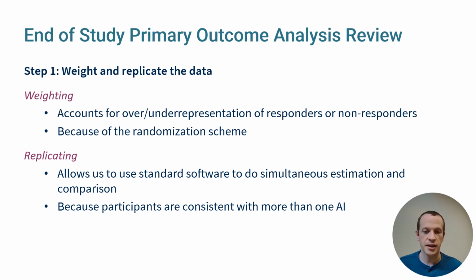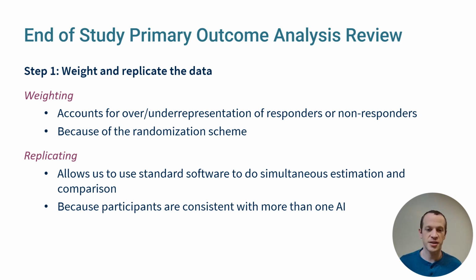The replicating appears because there are participants that are consistent with more than one adaptive intervention. So there are students who are responders, and they're consistent with an adaptive intervention where they would have been assigned, we'll say it that way, to augment their treatment, or would have been assigned to intensify.